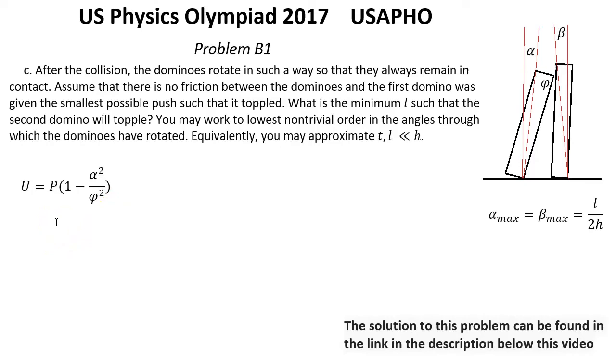And the same thing we can say about the right domino. The initial potential energy for the initial position, when the left domino is in vertical direction for the diagonal and the right domino is in vertical position, is P. The angle phi equals t over h. And also we can use the angle psi, which is equal to L over H. It means that when the left domino just touches the right domino, alpha equals psi minus phi.